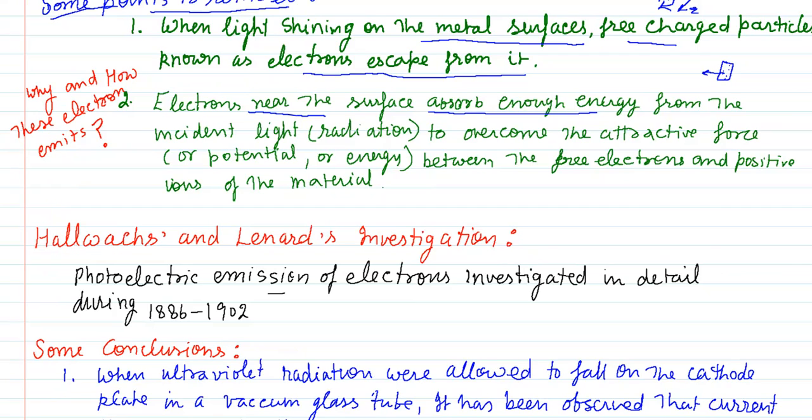Electrons near the surface absorb enough energy from the incident light. You shine some light of a particular frequency on the surface, and the electron absorbs enough energy from the incident radiation.